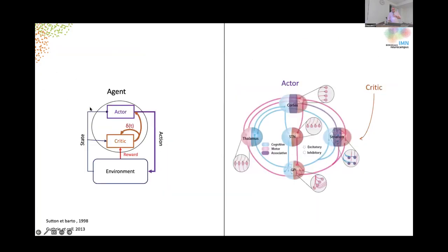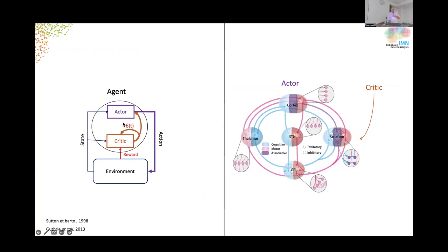And the framework we use is a heuristic that comes from automatic learning. It's in order to understand how an agent behaves in an environment, and you can divide it between an actor and a critic, the actor process and the critic process.